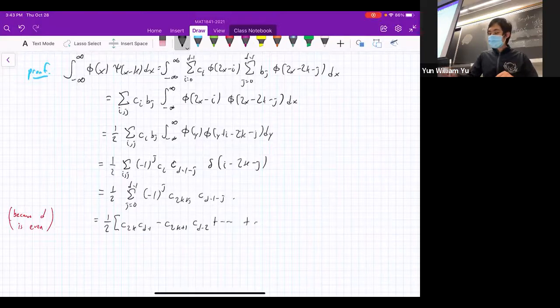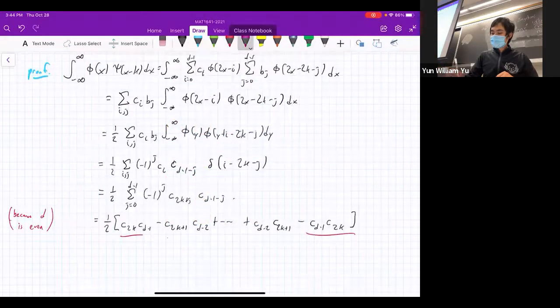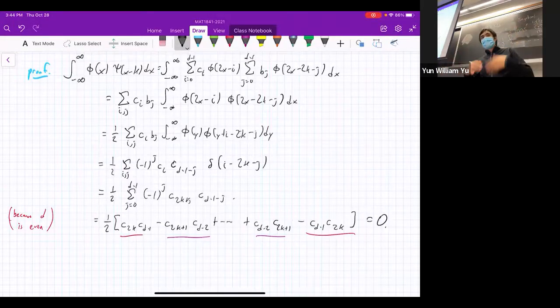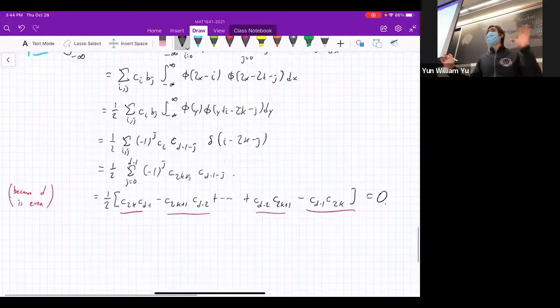But on the other end, you get c_{D-2} c_{2k+1} minus c_{D-1} c_{2k}. And obviously, these terms all cancel out, and you get 0. So if you have these coefficients, then you automatically get this particular form of orthogonality.